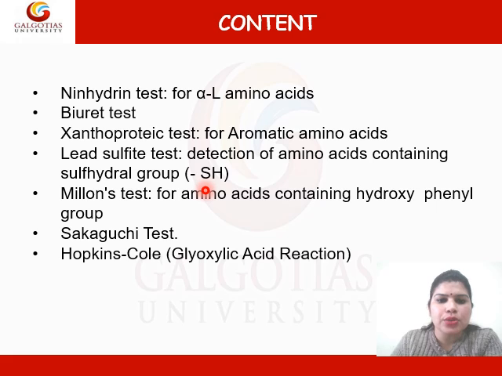Millon's test is used for amino acids containing a hydroxyphenyl group in their structure. The Sakaguchi test and the Hopkins-Cole test are useful for the identification of the amino acid tryptophan.